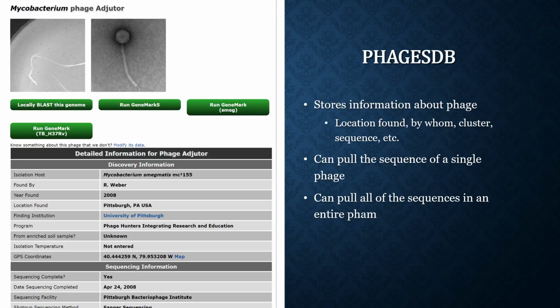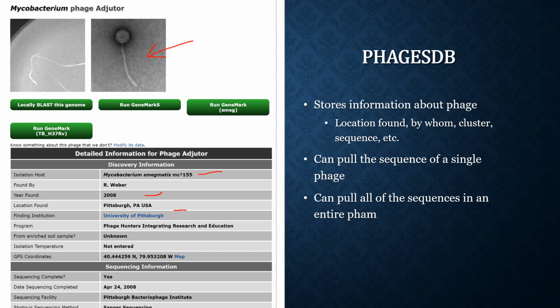Another tool that we used was PhagesDB, which is also a free website you can use. It gives you information about the phage: you'll see a picture of the phage right here, the host that it infects, the year it was found, where it was found, that kind of thing.